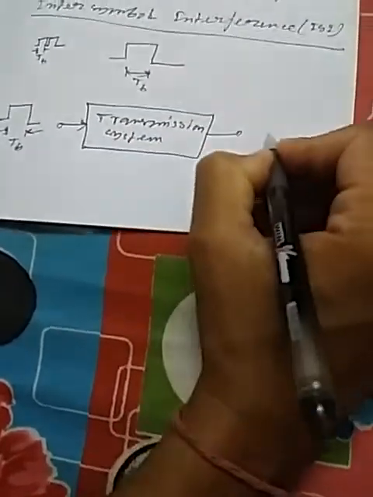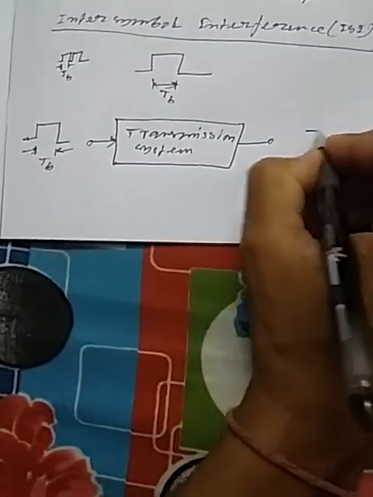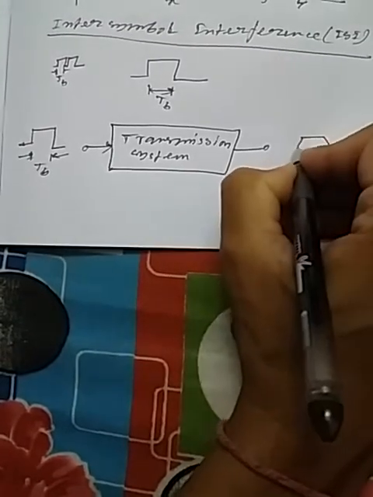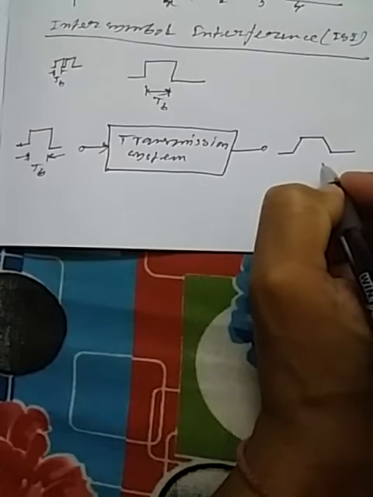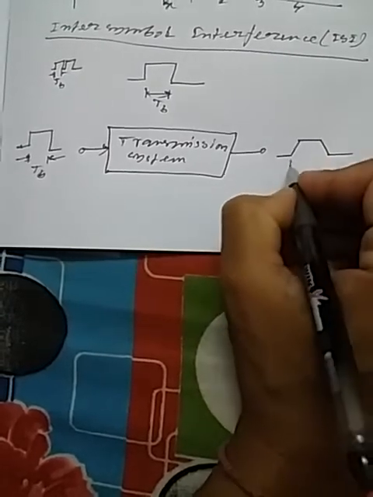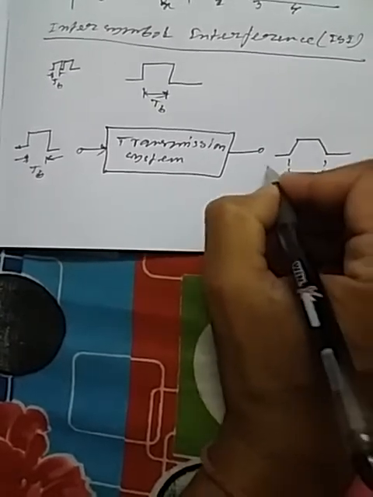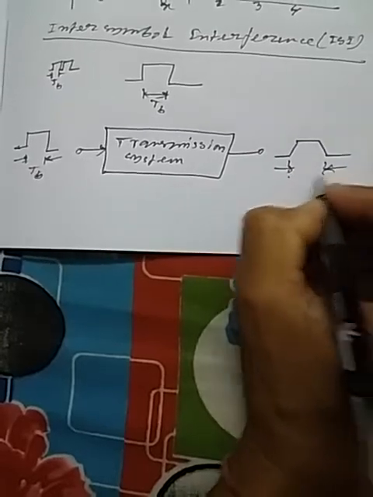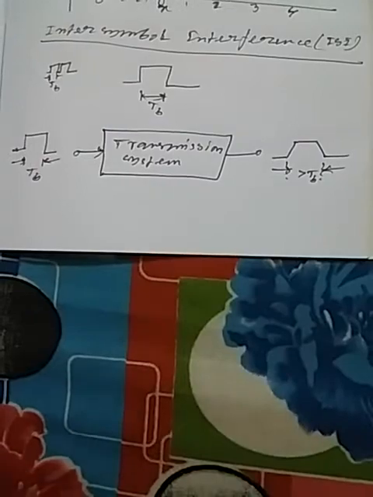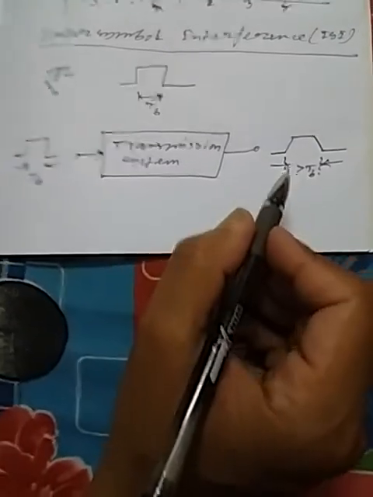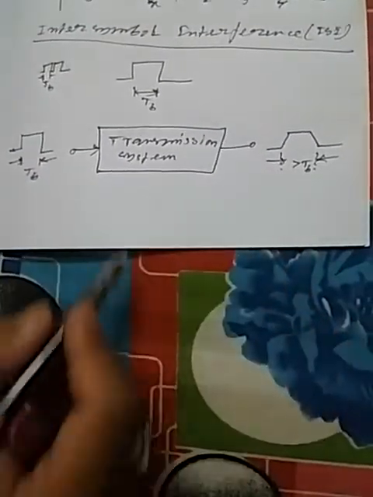We are getting a dispersed output that has a duration greater than TB. So this duration is basically greater than TB. This is the effect of inter-symbol interference.